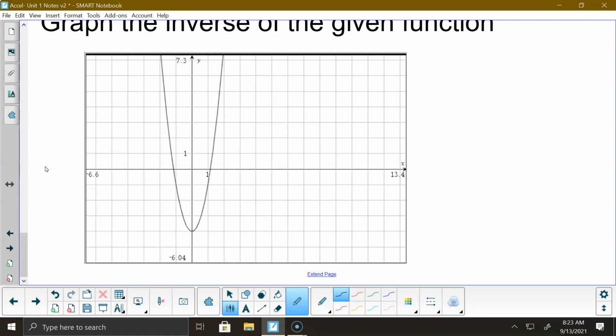Alright. So guys, when it comes to sketching the graph of the inverse, I always like to find a couple of the points on there first, because it does make actually going through and finding the inverse much easier.